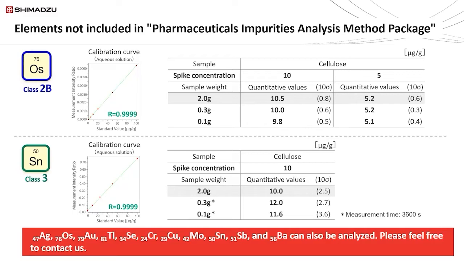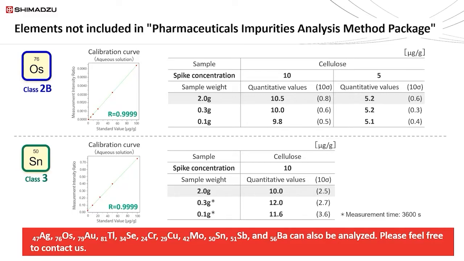And you can see that the quantitative values are, for lack of a better word, fairly accurate, with a 10 sigma value that's less than 1 part per million, at least for the osmium case.